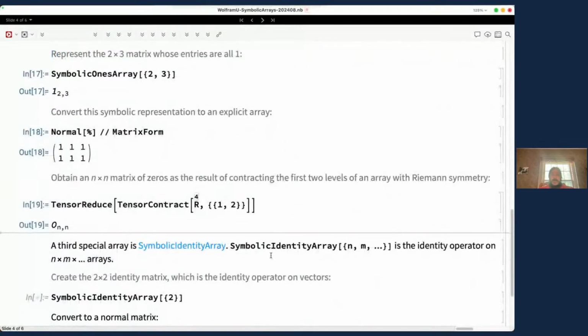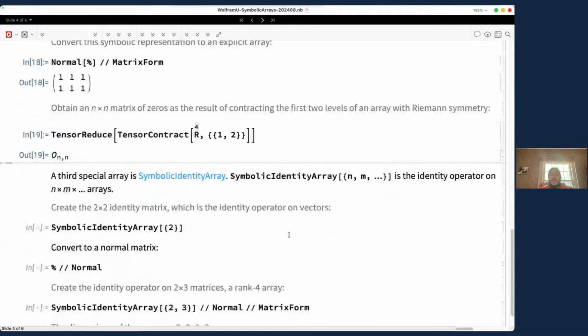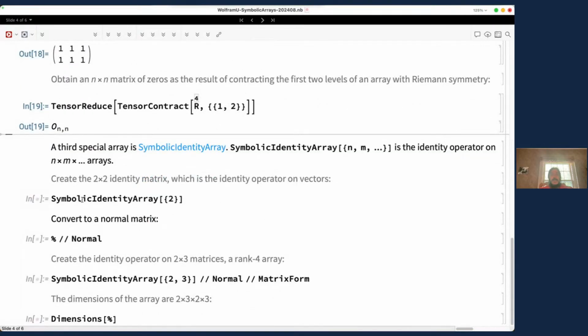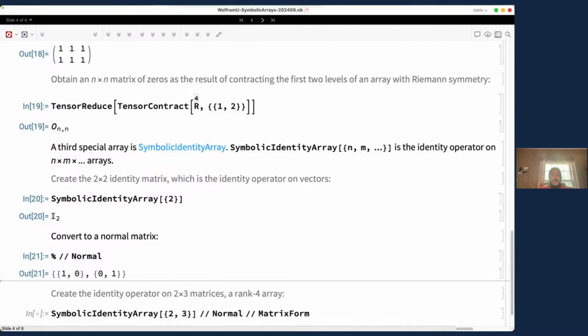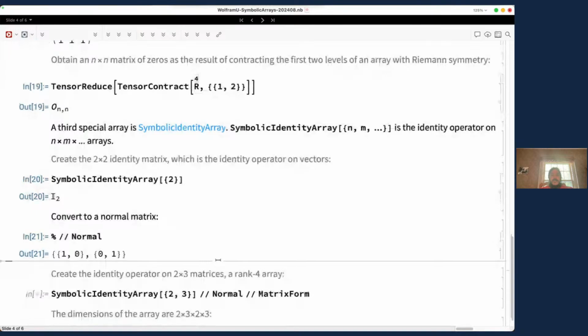There's a third symbolic array called identity array, which represents the identity operator on arrays. And I think this is clarified best by examples. So symbolic identity array is the identity operator on 2 vectors, meaning it's the 2x2 identity matrix. So if I convert that to its explicit form, I get 1, 0, 0, 1.